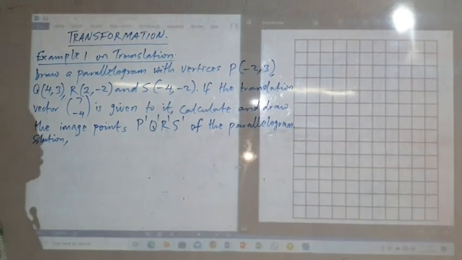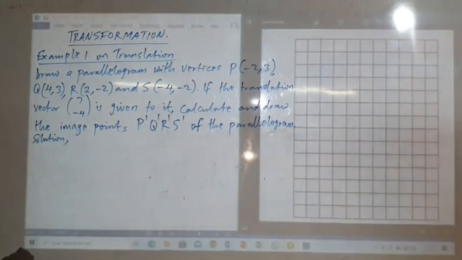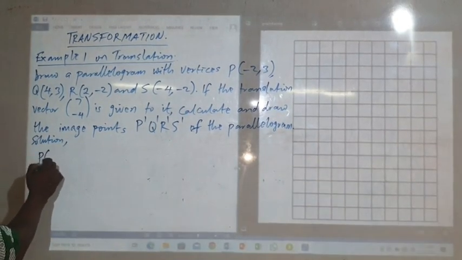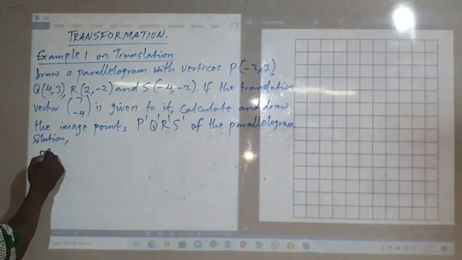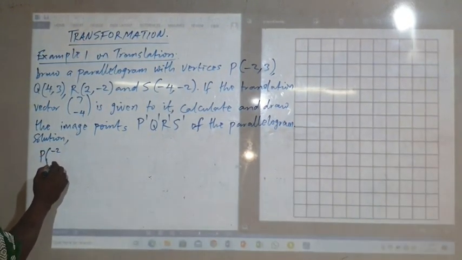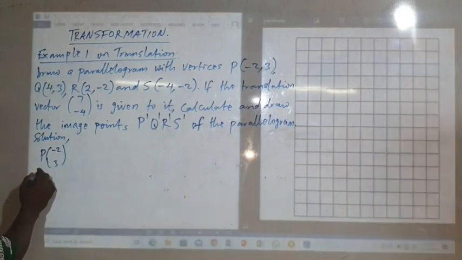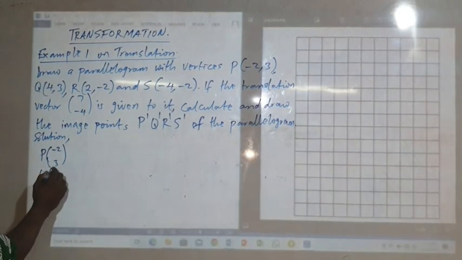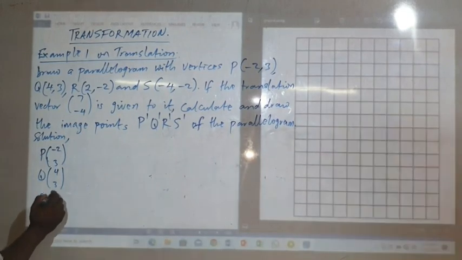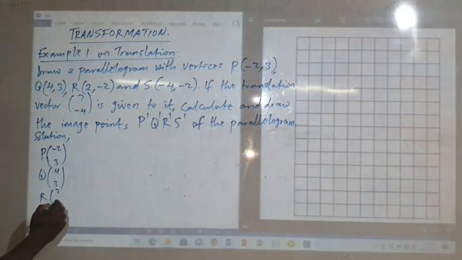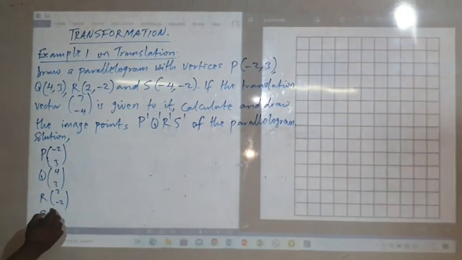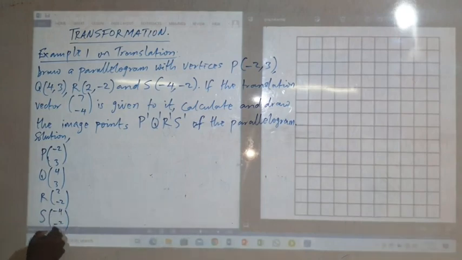To do this, we are going to write out all the points given. That is the pre-image. The pre-image points are minus 2, 3 for P, then Q, 4, 3, then for R, that's 2, minus 2, then for S, minus 4, minus 2.